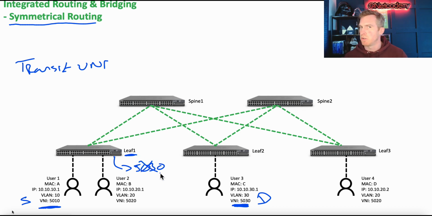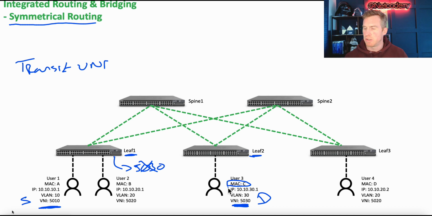So in the asymmetrical world, we could not have leaf 1 routing through the VTEP tunnels all of user 1's traffic to go to user 3 on leaf 2, because leaf 1 doesn't know about VNI 5030, doesn't have that VRF, and thus it can't do the routing, even if it did learn about the MAC address C that user 3 actually has via EVPN.